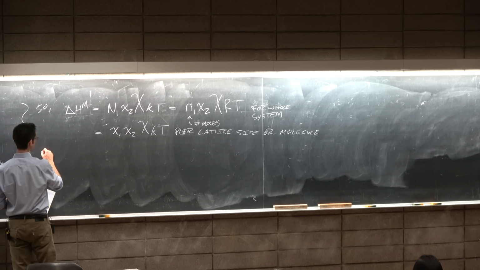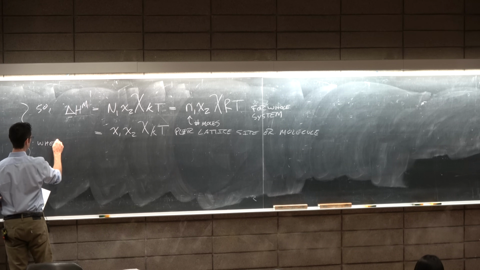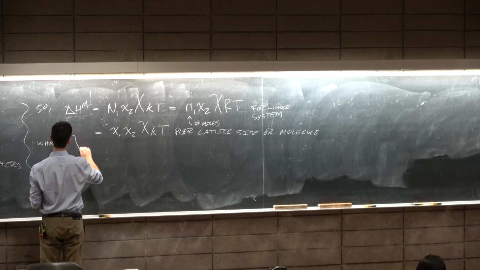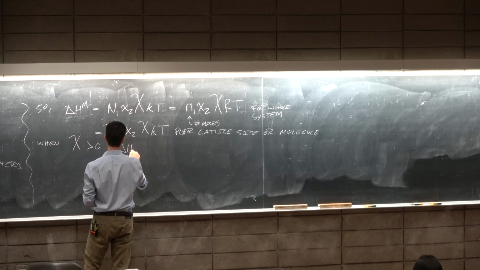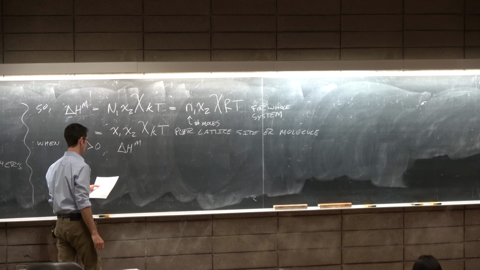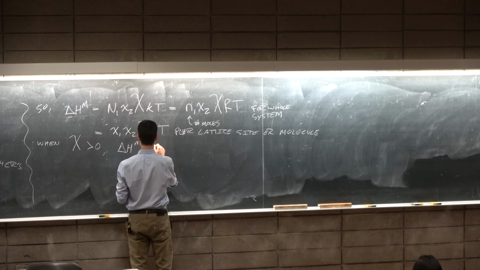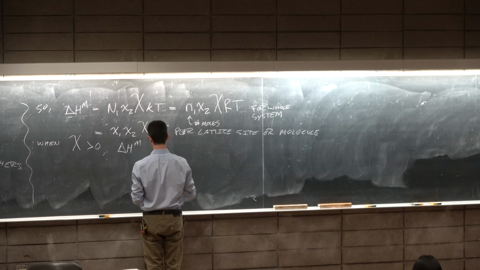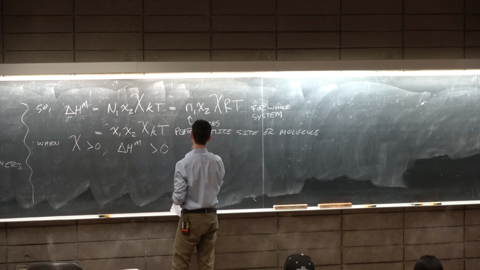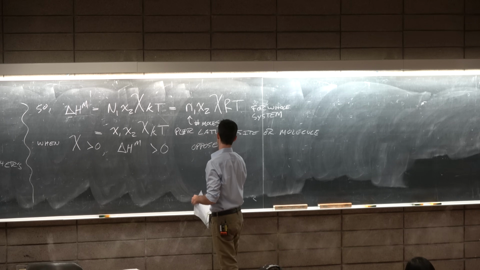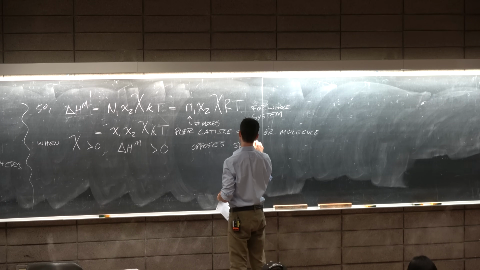And the consequence is that when the interaction parameter chi is greater than 0, delta H of mixing is greater than 0 and opposes spontaneous mixing.